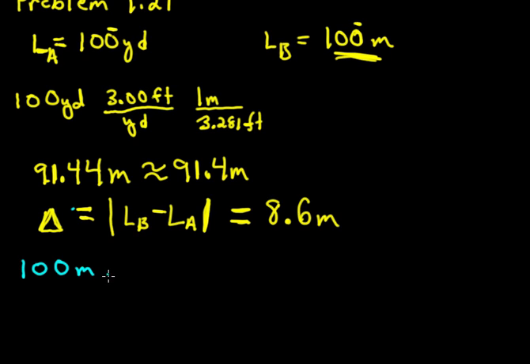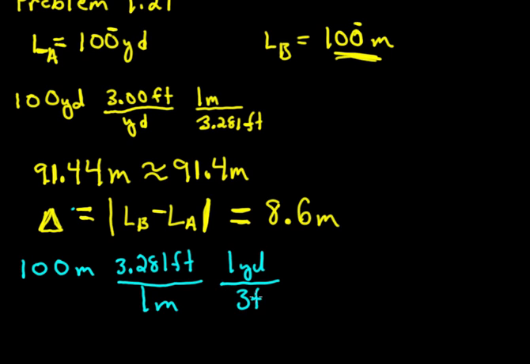And so I want 100 meters and I want to turn it into yards. So 3.281 feet over 1 meter, and 1 yard over 3 feet. So I have flipped my conversions.